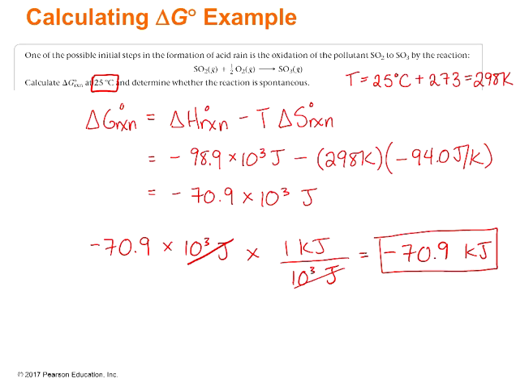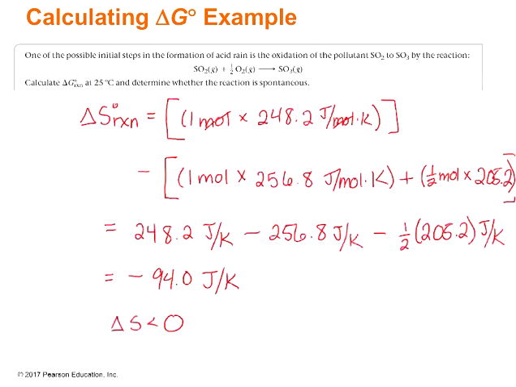All right, so delta G is negative, so it's less than 0. So is this a spontaneous reaction or a non-spontaneous reaction? So this is a spontaneous reaction. So if we look at delta S that we calculated previously, we said it was negative, which is technically non-spontaneous, but that was for the system.